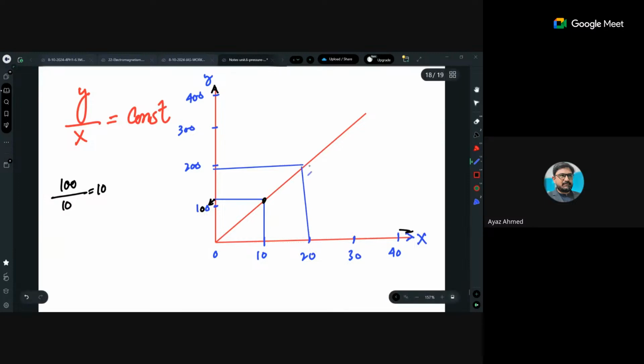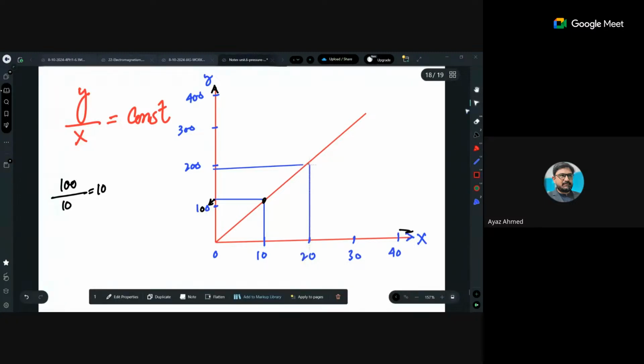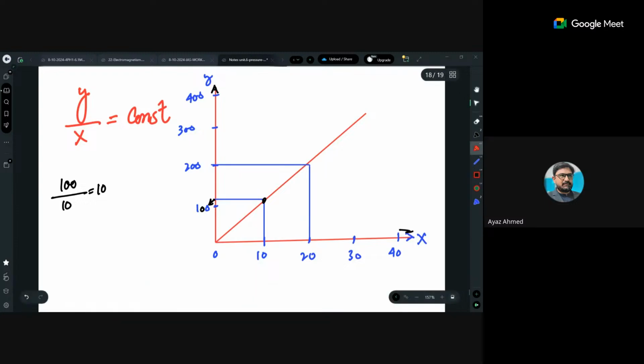अब मुझे ये बताओ कि if I'm here and I'm getting this number, ठीक है? So at this point, what will happen if I divide them both?